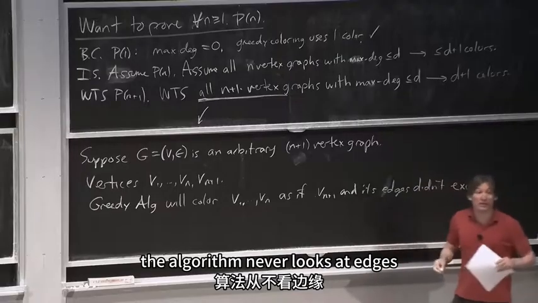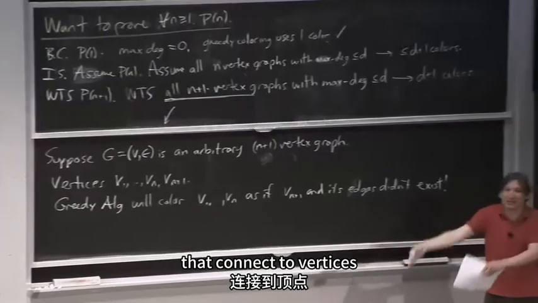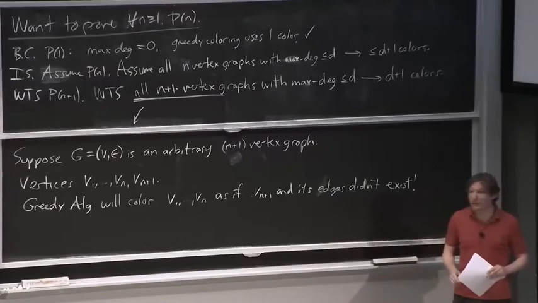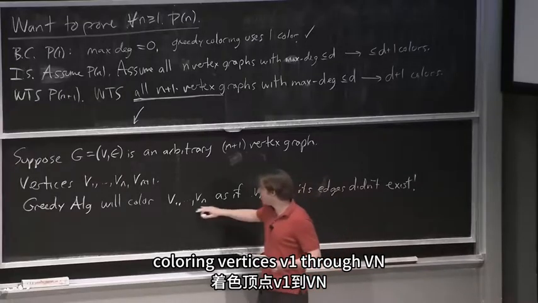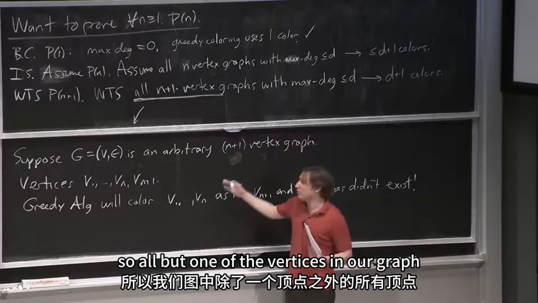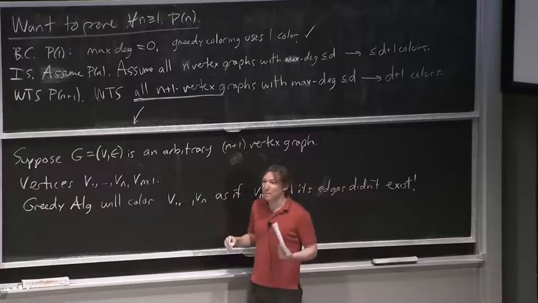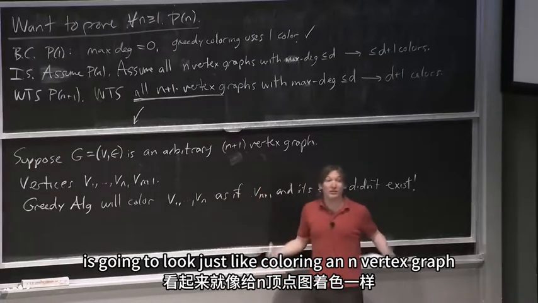The algorithm never looks at edges that connect to vertices that haven't been colored yet. So as far as the greedy algorithm is concerned, coloring vertices v1 through vn, so all but one of the vertices in our graph, is going to look just like coloring an n-vertex graph.